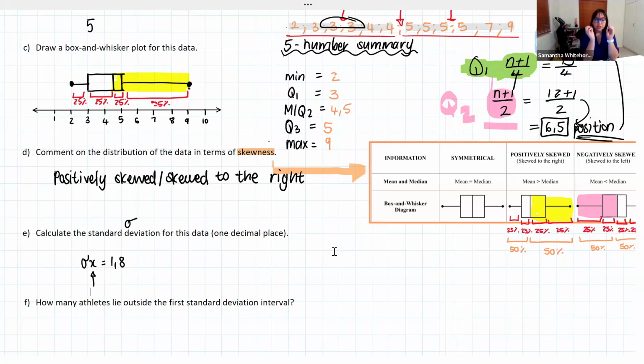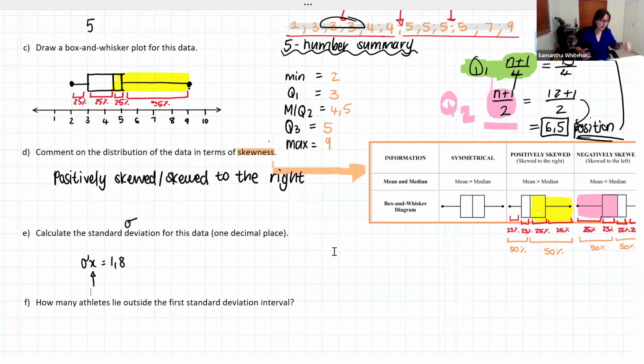Now, generally we say that data within the first standard deviation interval of the mean is a good representation of your data. As you start to move out and out and out, you're starting to get closer to points that might be outliers and might be skewing your data set. So often within one standard deviation is a pretty good reflection of your data set.